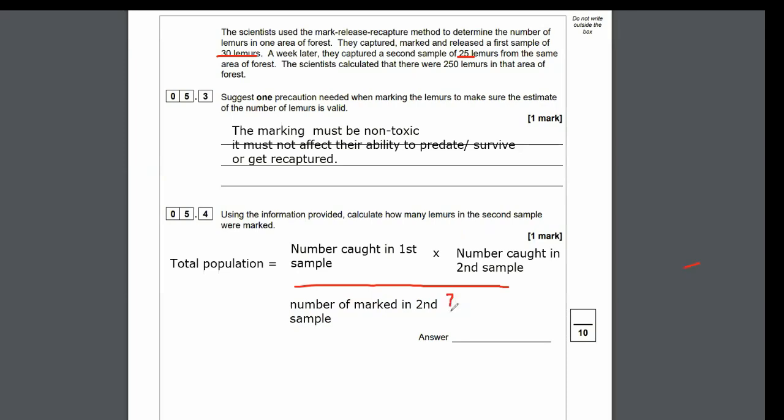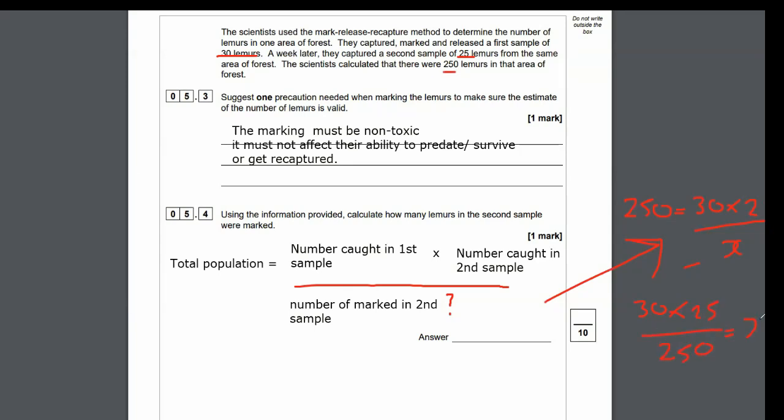Okay. Now, we don't know that here, but we do know the other figures. So we know the total population was 250. We know the number of lemurs was 30 in the first and 25 in the second. So we just need to do 250 equals 30 times 25 over x, solve x, and we have the answer.